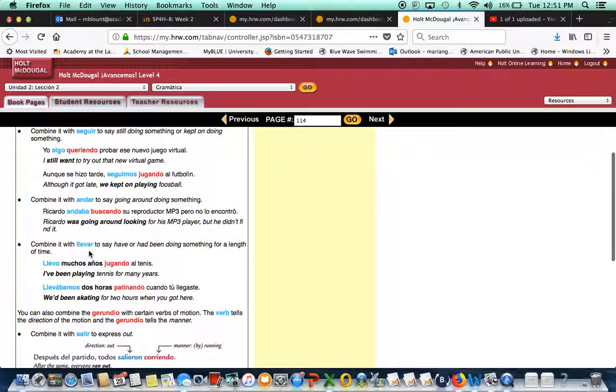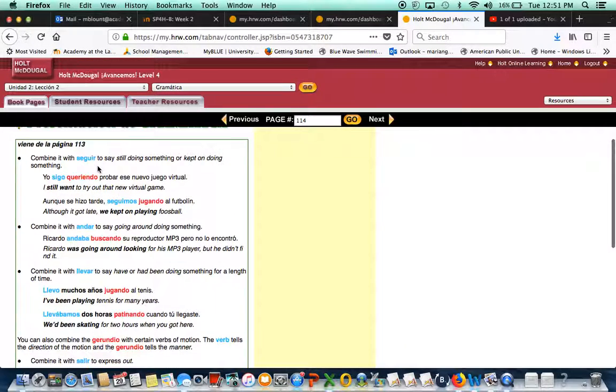And then when you combine llevar plus gerundio, here it's when you say have or have been doing something for a length of time. So be careful, because all this so far, the gerundio plus the verb go next to each other.